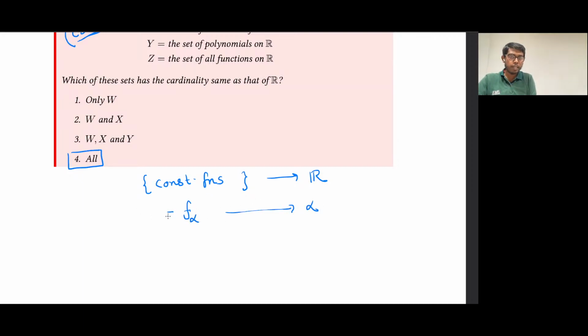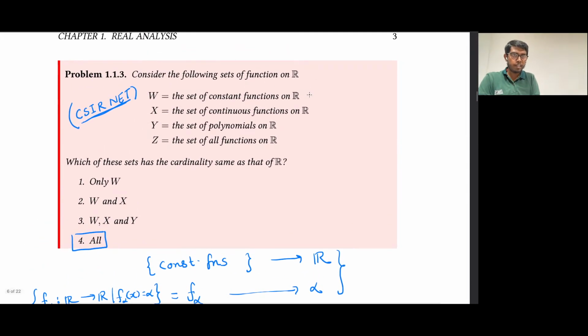So what is f alpha by definition? f alpha from R to R is such that f alpha of x equals alpha. So it is constant, and this is an injective function, and this is indeed a bijection. So, of course, W has the same cardinality as R.